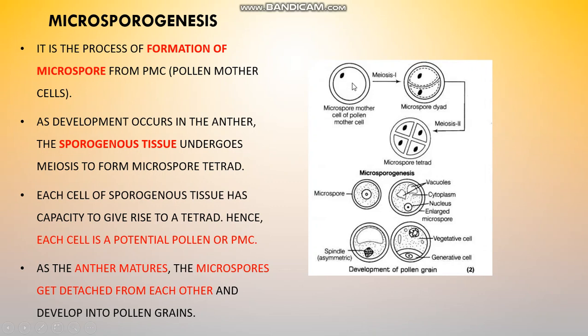So you have to explain only up to here. But if it is asked how a microspore mother cell develops into a mature pollen grain, you have to first explain microsporogenesis, that is these stages, and after that explain how a single microspore matures into a pollen grain. So two ways the questions can be asked.